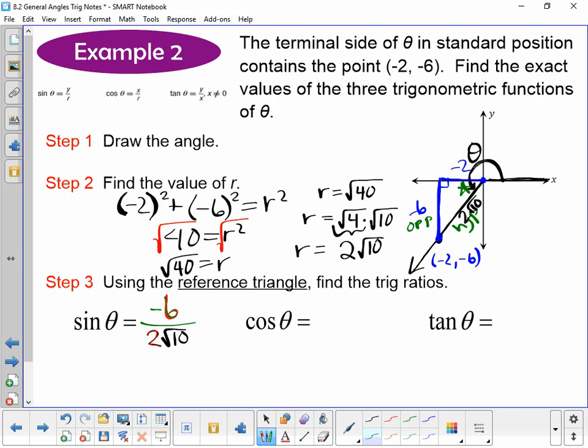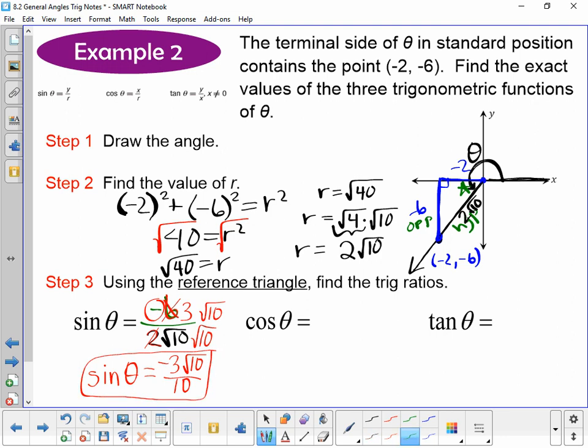So we could reduce a factor of 2, and that could be just a -3. So now we have -3 over the square root of 10. If we simplify that a little bit further, what we would want to do is rationalize it. So we now have that the sine of theta is equal to -3 root 10 over 10. And don't lose, like I almost did, don't lose your negative. So here's our sine.